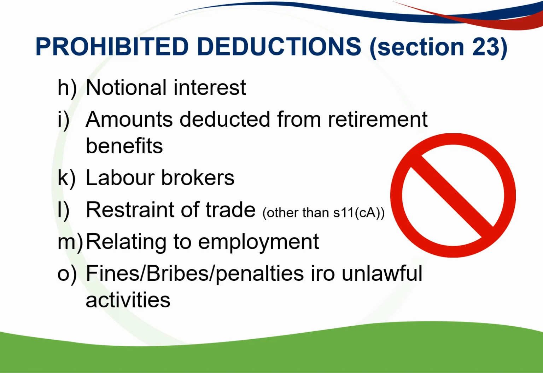Section 23O, unlawful activities. No deduction is allowed for fines, bribes, unlawful kickbacks or penalties due to unlawful activities.